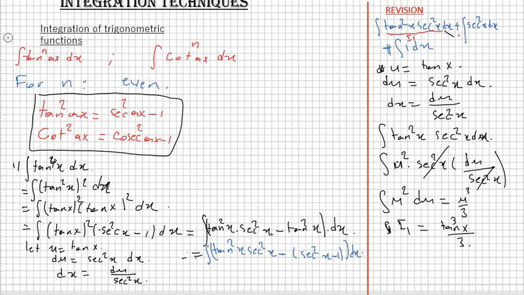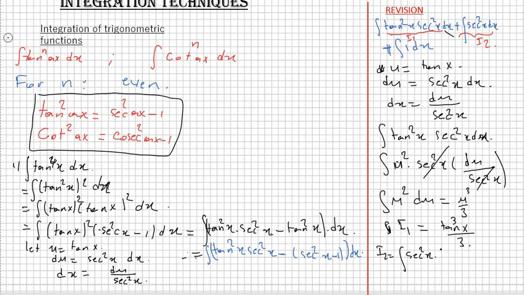So we have I1, and then we need to find the second integration that we can call I2. So the second integration is very simple. All we need to do here is we just replace dx by du over sec square x, and then the sec will cancel. So I2 is equal to the integration of sec square x dx.